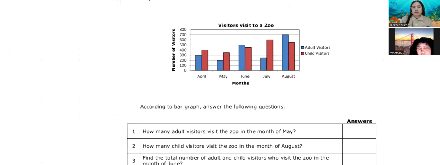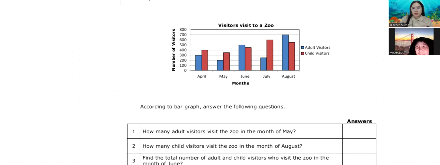That is in between of 300 and 450. 350. Okay, that's 350. How about this one on June? Adult visitors. 500. Okay, very good. How about child visitors? 450. Very good. How about July? Adult visitors. 250. Very good. How about child visitors? 600.